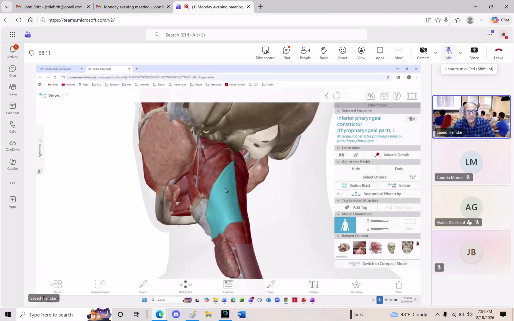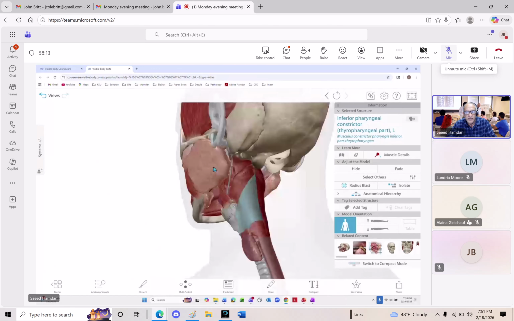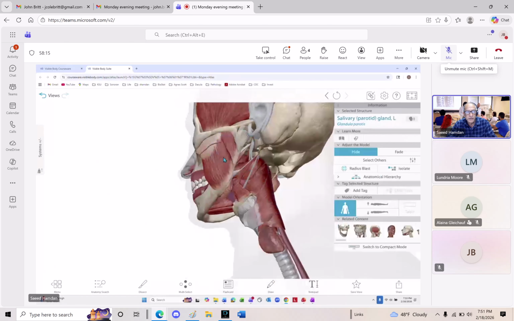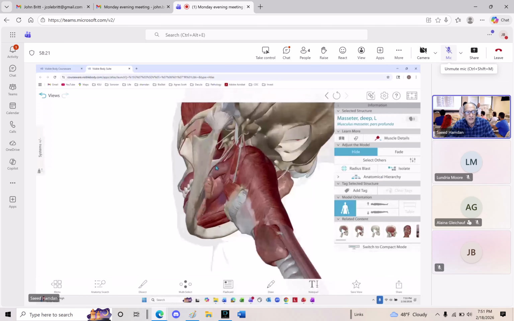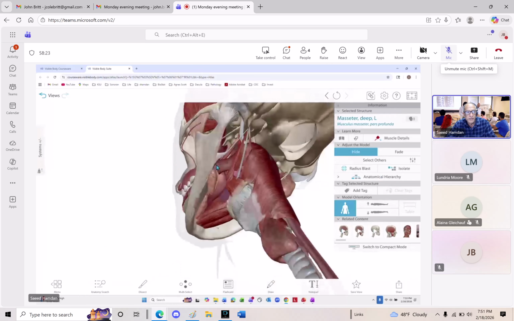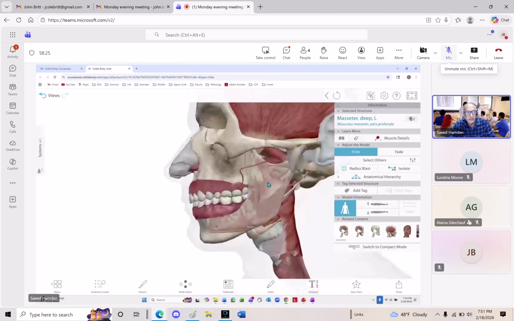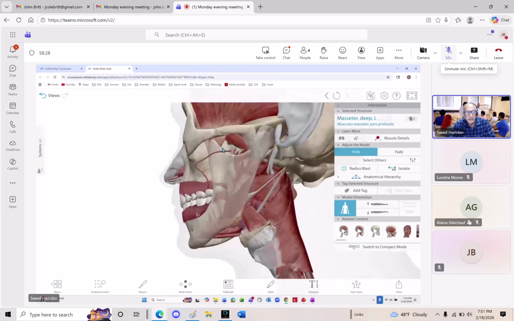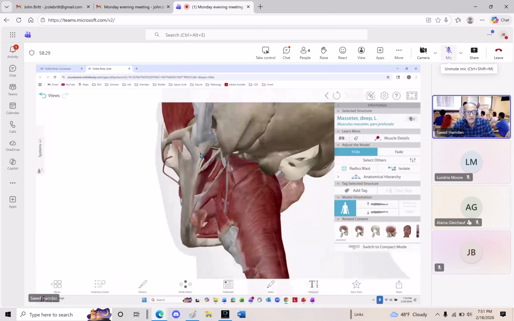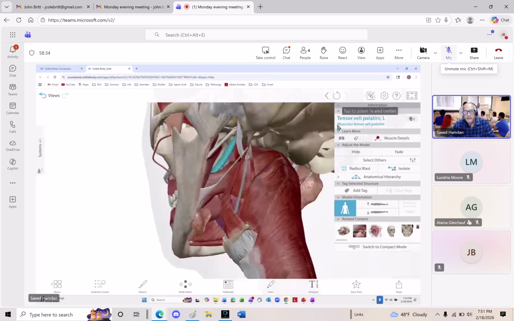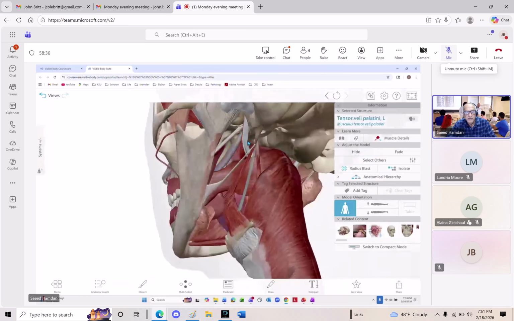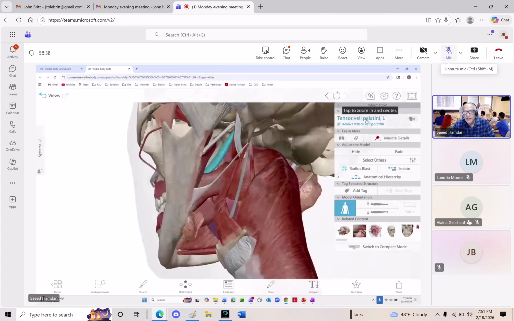Okay. So what I need to do, I need to remove a little bit here to be able to show. I'm going to remove this, and I'm going to remove this as well. The one going from the palatine to the tongue is going to be on this side. So basically right here, this is the tensor. You have this on the list, the tensor veli palatini.